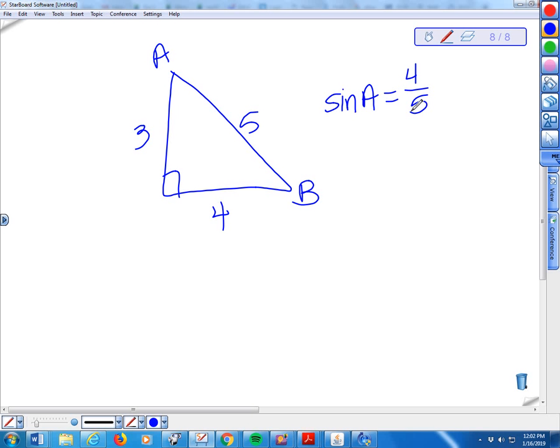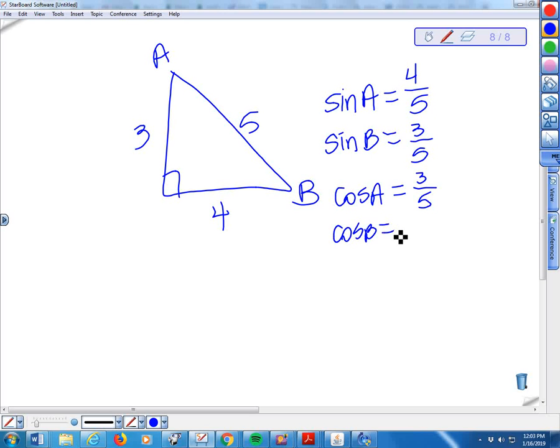Sine of B then, opposite over hypotenuse, 3/5. Cosine A, adjacent, CAH, adjacent over hypotenuse. Adjacent to A is 3, hypotenuse is 5. Notice how the sine of B is the same as the cosine of A. The sine of A is the same as cosine B.